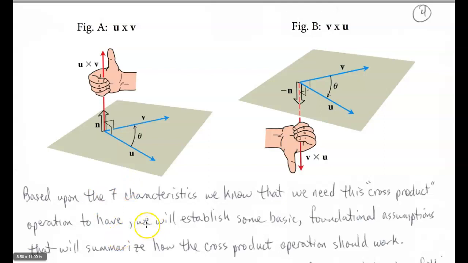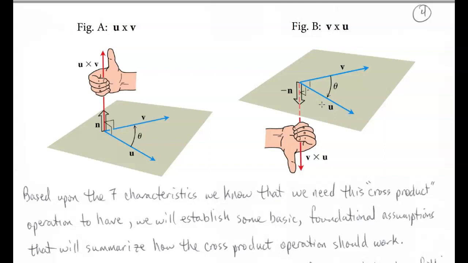Now, what you see above you here, figures A and B, is basically the construction of the cross product u cross v and how we actually think about it. Notice that vectors u and v are in the same plane, and I'm looking at figure A here. The vector u cross v shoots out based upon the fact that u is acting on v.